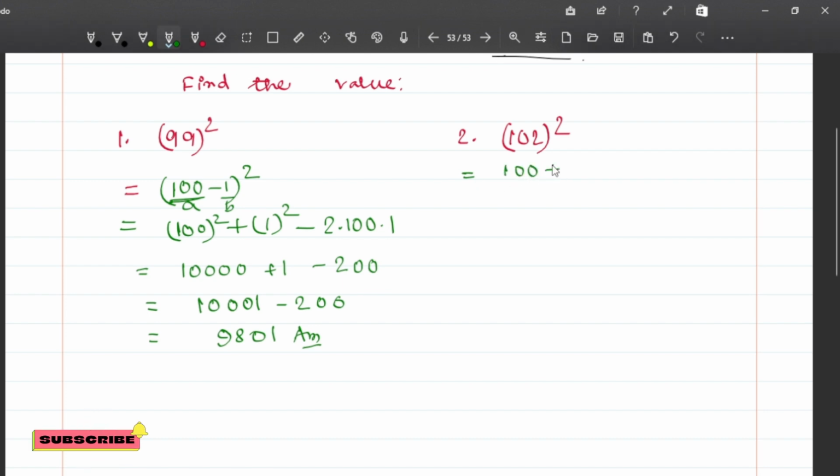Now comes to this part. 102 can be expressed as 100 plus 2. So here the formula is (a plus b) whole square.